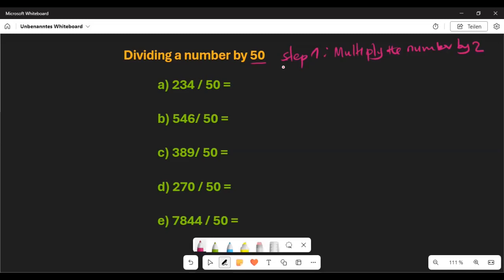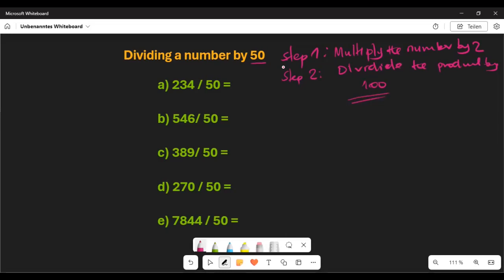After that, we go to the second step: divide the answer, the product, by 100. If you follow these two steps, then you are done. Your work is going to be easy.